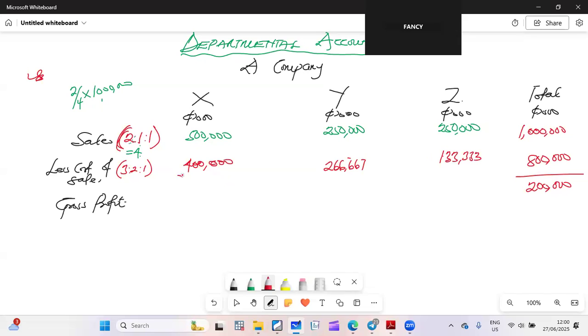All right. So what are the profits for the three? At the end of the day, when you add everything, you should be able to get this one. So what's the profit or loss? Go ahead.